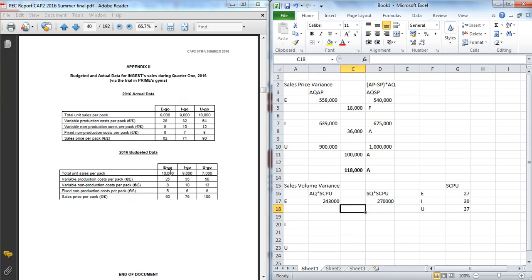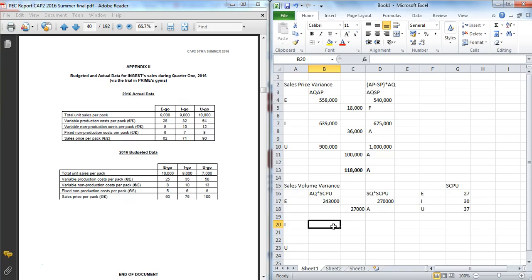There's a difference there of 243,000. And again, ask yourself, was that a positive or negative impact on profits? Well, you actually sold 1,000 less than expected, therefore it's adverse. Because you sold 1,000 less than expected, you had an adverse sales volume variance. You lost out on profits because you made fewer sales.